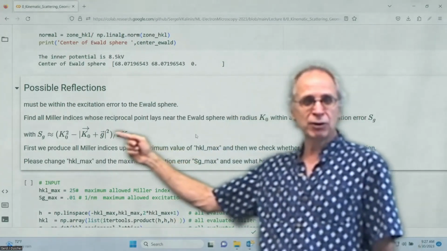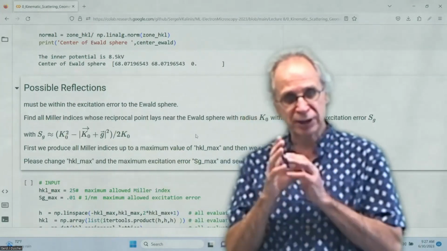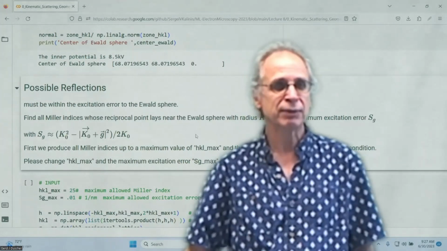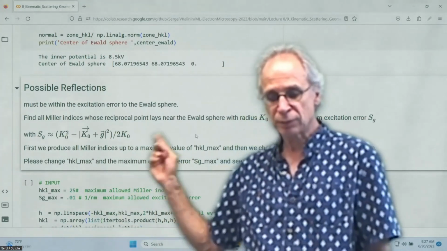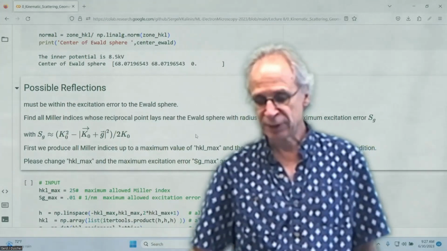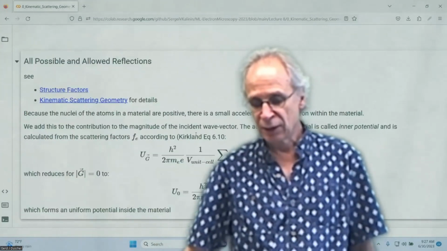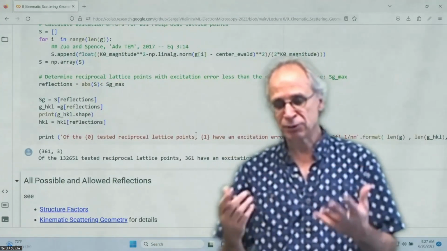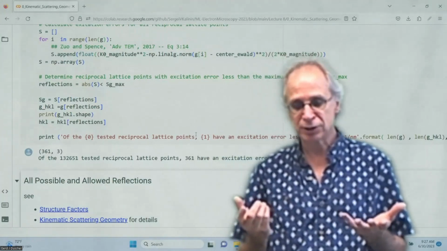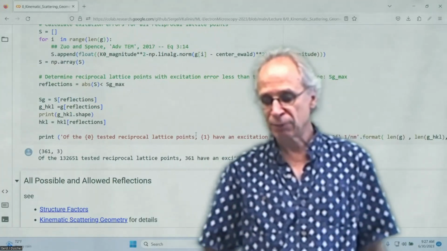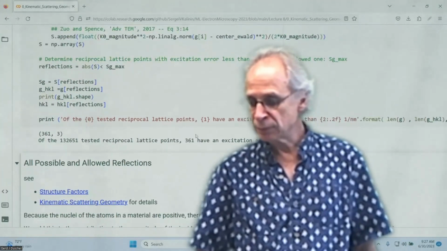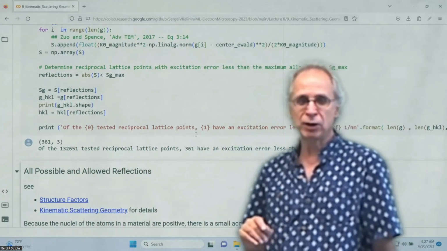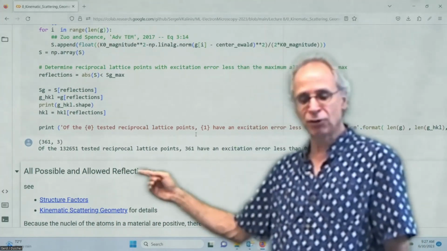So what we have now is our excitation error, and because the angles are so small, we can get rid of the trigonometry part, tangents, and go back to a linear equation that we can determine that. So we can now determine the excitation error for all of the different reflections. And we can then sort out how many of them are close to our Ewald sphere.